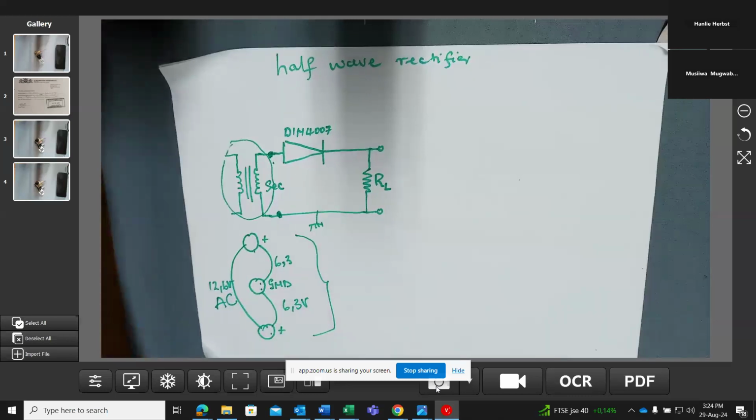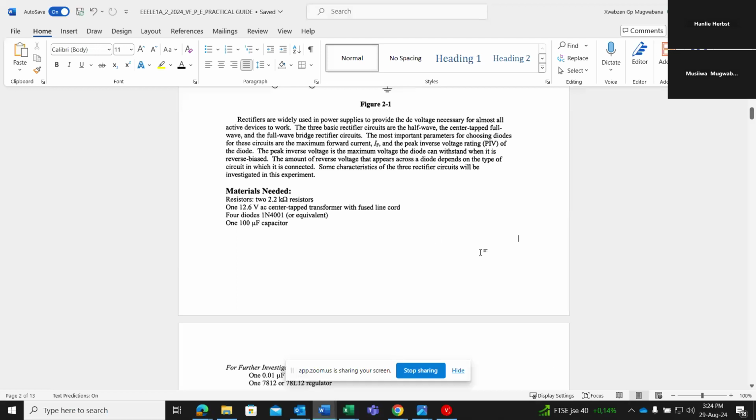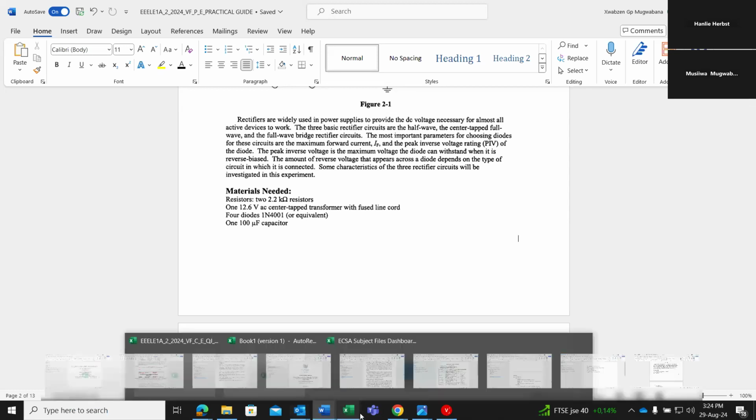Now, if I go back to that guide of ours so that it can give us clarification, then you have got your transformer that you find in the lab. Then you have got 4 diodes, 1N4001. You will see that on the sketch that I gave you, it says 1N4007.